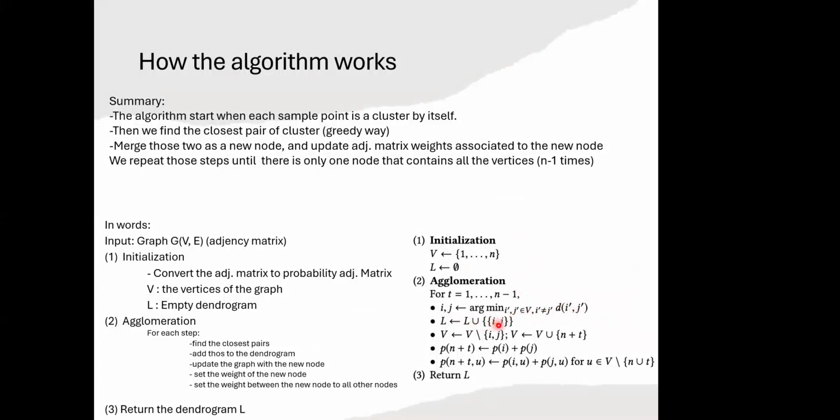We put the merged node inside L, and then we remove the nodes from the original graph and put the merged node inside, and we update the probabilities of the nodes over here. We'll see it over there.